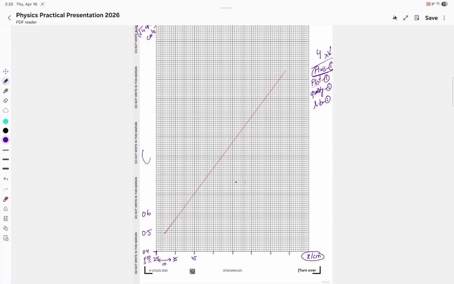What a good candidate will do is select 1 point from the line and 1 point from the line, because the candidate has marked crosses. So I am highlighting the 2 gradient points, which are not from the table, they should be from the graph, with the dots.